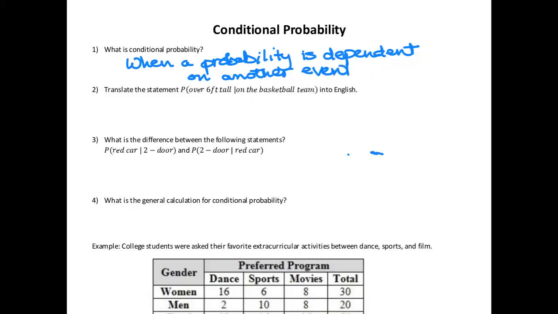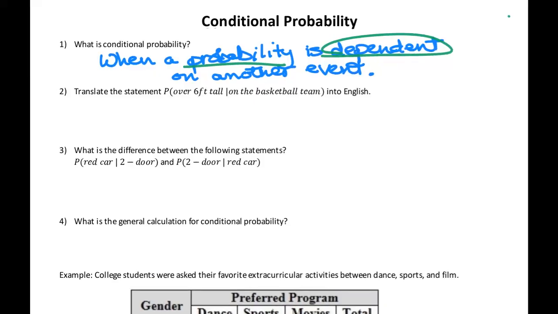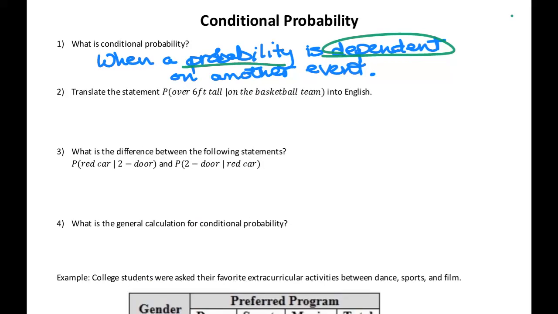It's kind of like a dependent event, only we are talking about probability. So if it's probability, you have to have a numerator and a denominator. Okay? Now, up until now, we have always been talking about the denominator should be our total number in the corner, right? Total number in the corner.